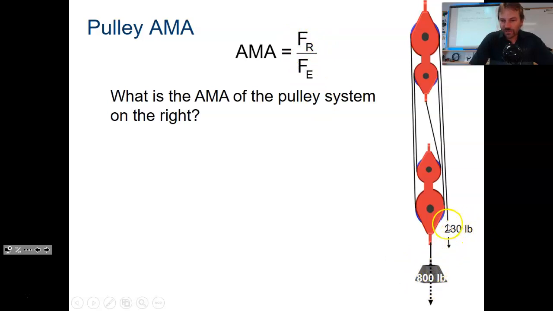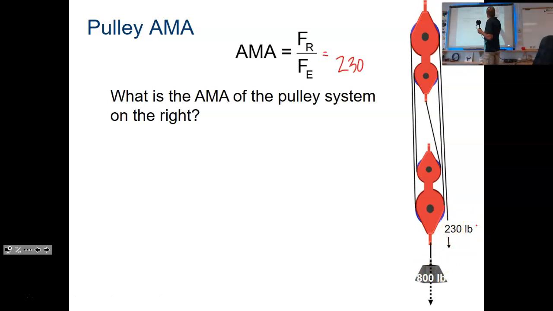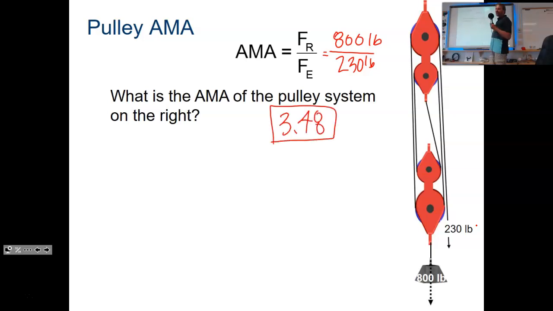The one that I exert is 230 pounds, so that goes in the denominator. And my resistance is 800. So I take 800 divided by 230, and I get 3.48. That is my actual mechanical advantage.